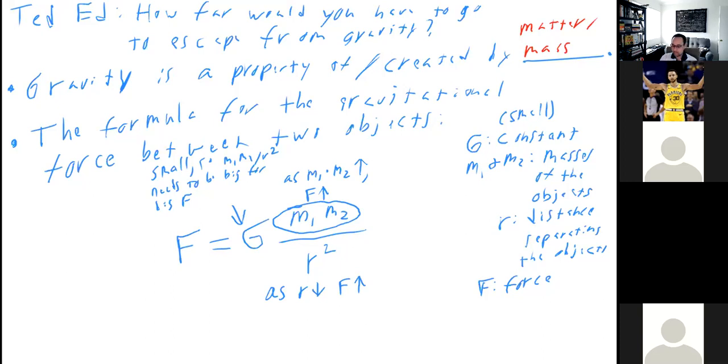But we have one last little definition for the day, right? So escape velocity. We learned this last time, but I'm going to give it to you in a slightly different way than you've seen it before.